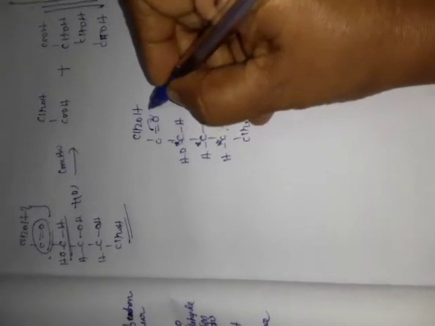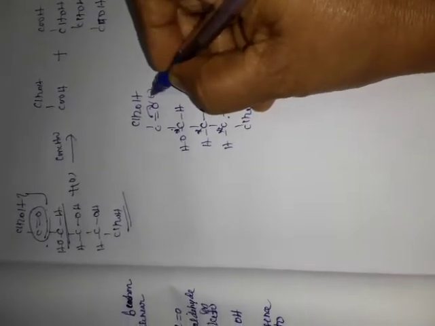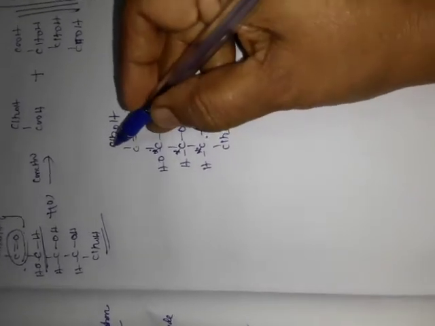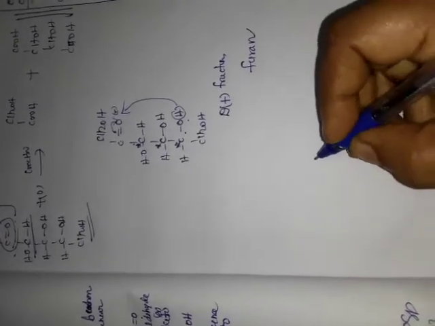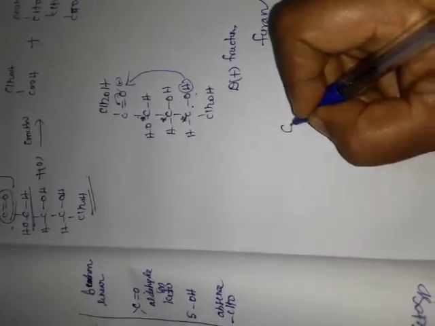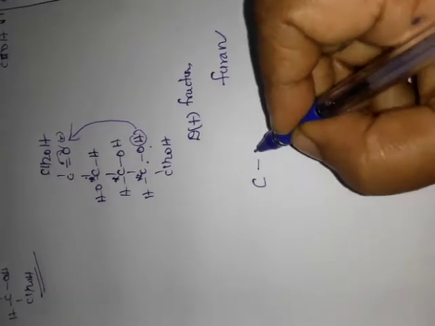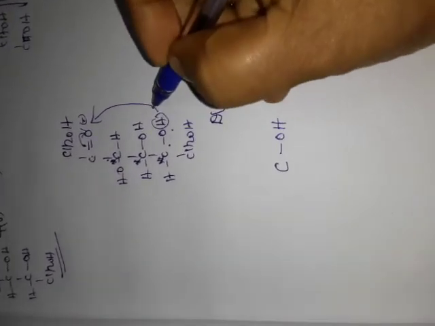Now this bond can be shifted like this, so we are getting a negative sign. To satisfy this negative sign, the 5th carbon, 1, 2, 3, 4, 5, this hydrogen is shifted here. Based upon that, we are getting the structure like this. See, this carbon, here OH, since this H shifted here.